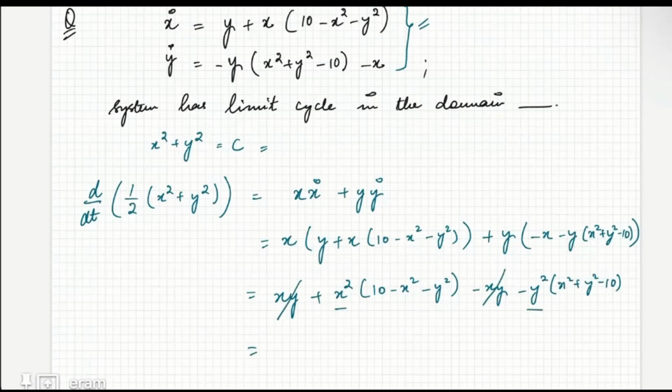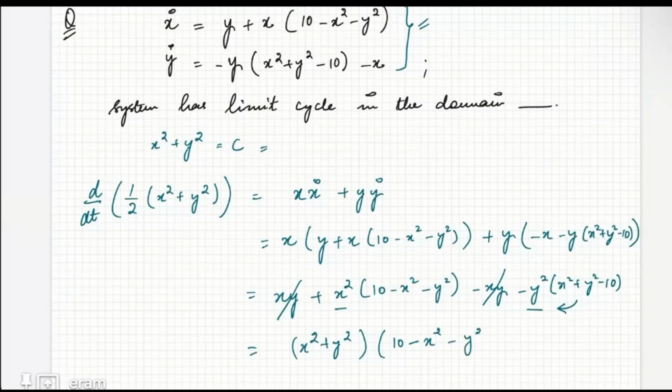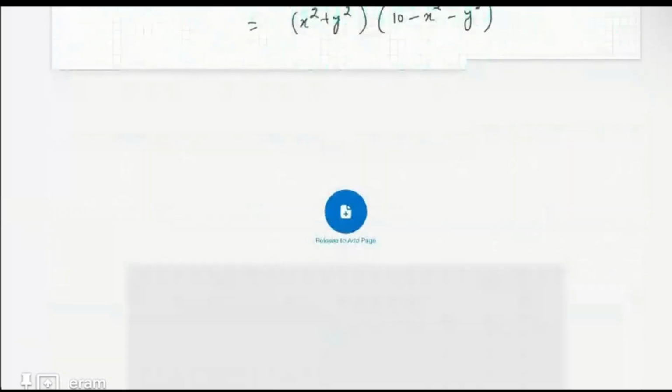This can be written as, the minus will come out, so it will be x square plus y square, and then 10 minus x square minus y square.